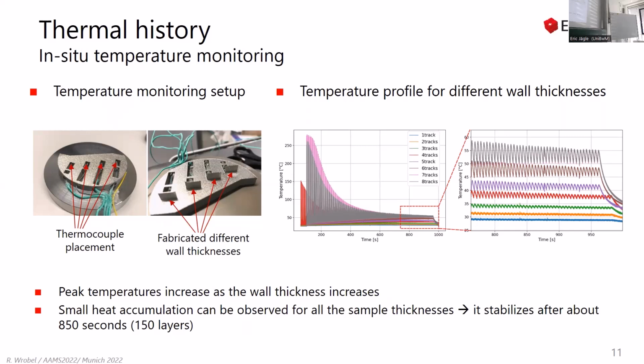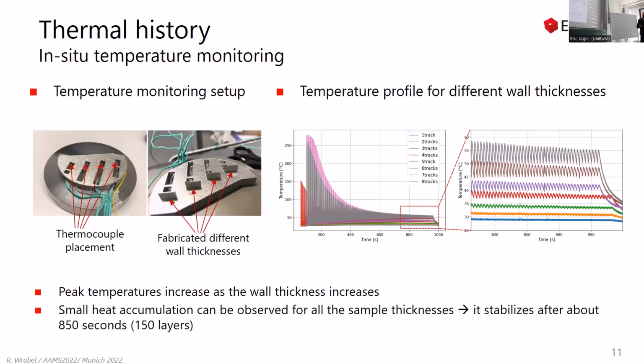And on the right-hand side, we can see the graph showing the typical thermal history of laser powder bed fusion, consisting of rapid heating and rapid cooling. However, what is very important now is that we do not observe any preheating effect. Very often people refer to global preheating during laser powder bed fusion.